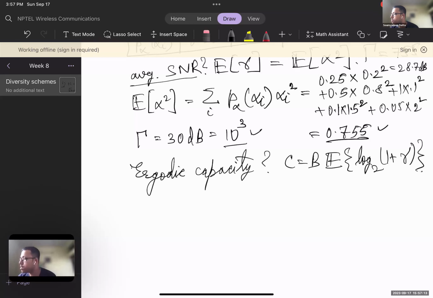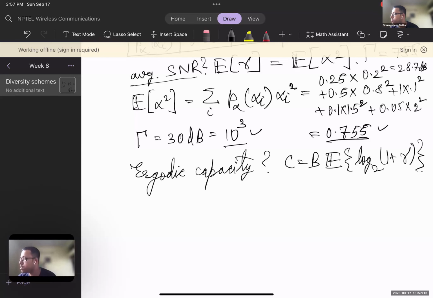I'll just write down the steps, then you can do the calculation. So 0.25 times log to the base 2. This can also be a source of calculation mistake. Just remember this logarithm is to the base 2. 1 plus this thing, 0.2 whole square times gamma.